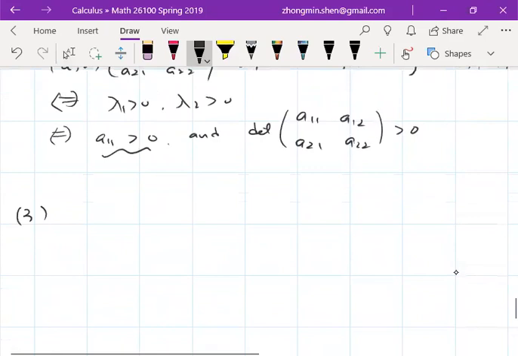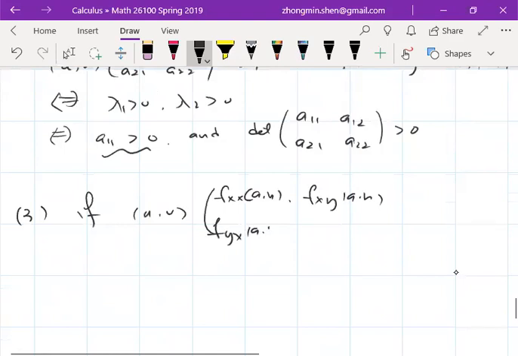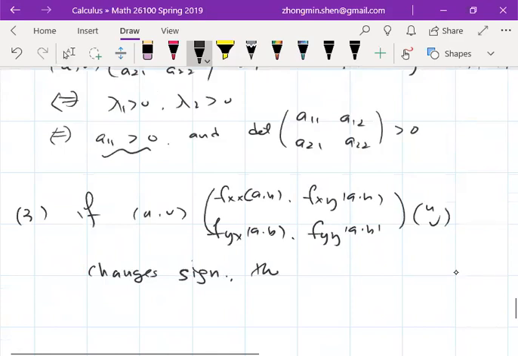The third part says that if this matrix has eigenvalues of opposite sign, I should say, if it changes signs, then the function does not have a local maximum.